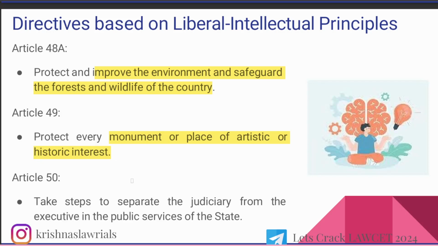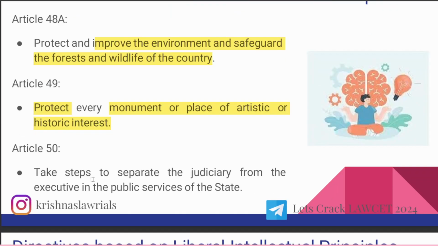So it is our Indian heritage, Indian artistic thing. So we are saving it, protecting it. Under Article 50, they say take steps to separate the judiciary from the executive and public services of the state. We know, right? The judiciary can't interfere in executive matters, and the executive can't interfere in the judiciary's matters.